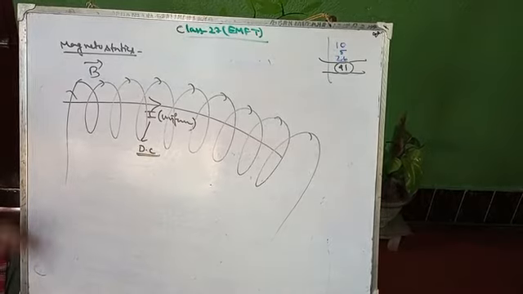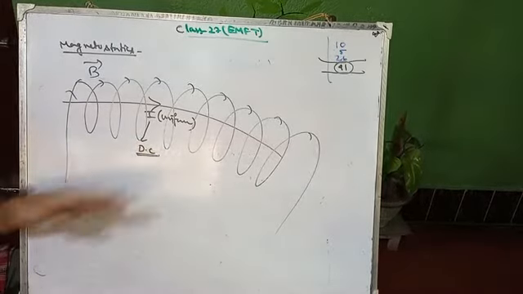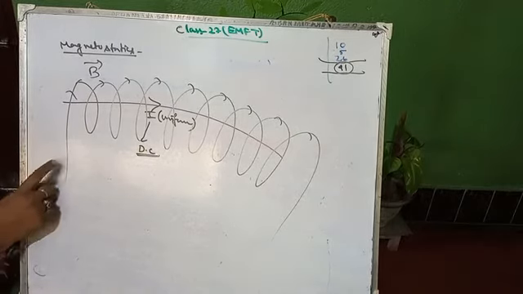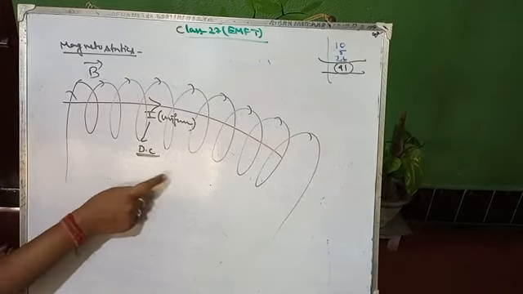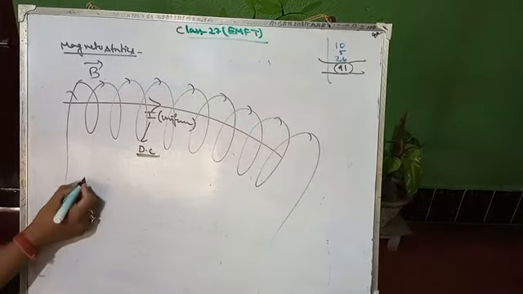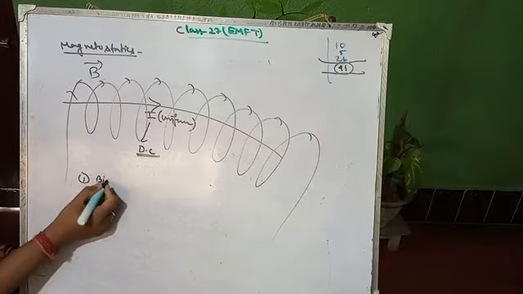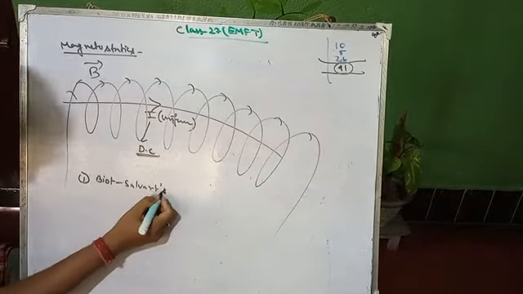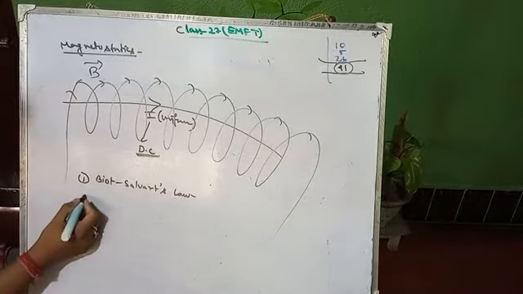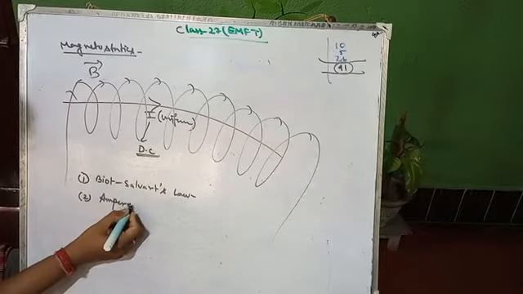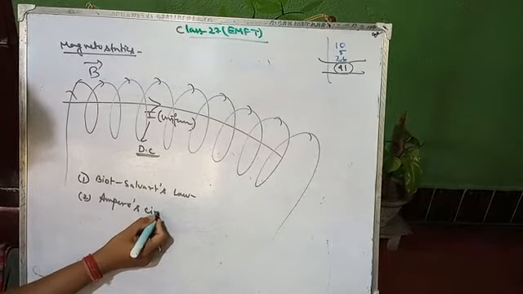Theory on magnetostatic fields is based on two basic laws. First one, Biot-Savart's law, and second one, Ampere's circuital law.